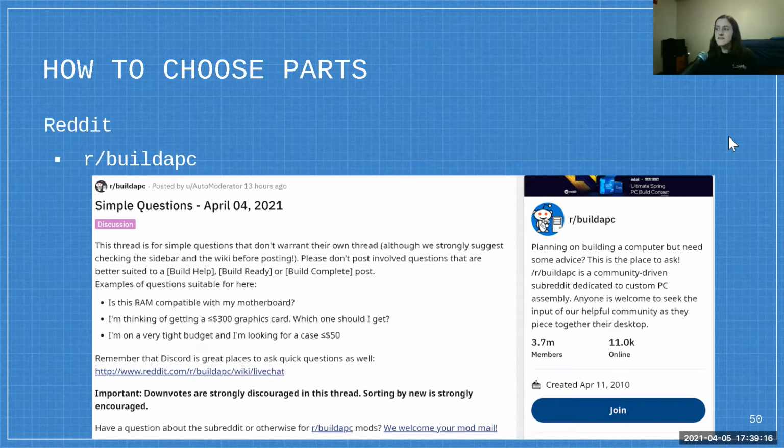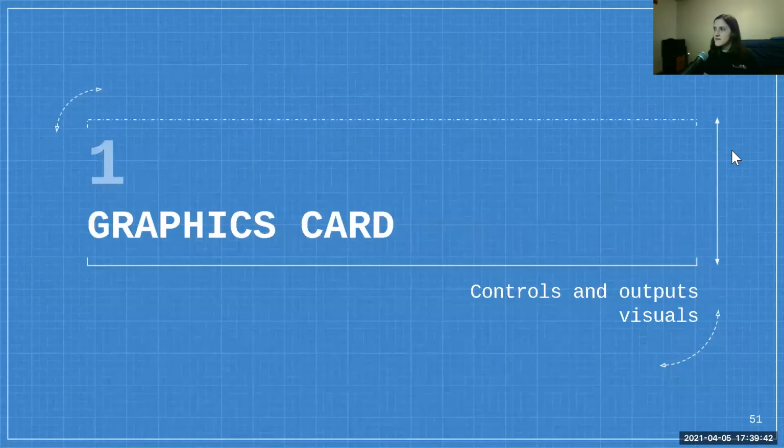We'll also be looking at this other site that I wouldn't recommend you go to, but it just worked for a good visual. I'll explain when we get to that part, but there's a lot of resources out there. You can also follow YouTube tutorials and stuff like that. But mainly how we chose our parts was going to YouTube, researching different PCs, and then going to PC Part Picker and having that help us out with the compatibility stuff.